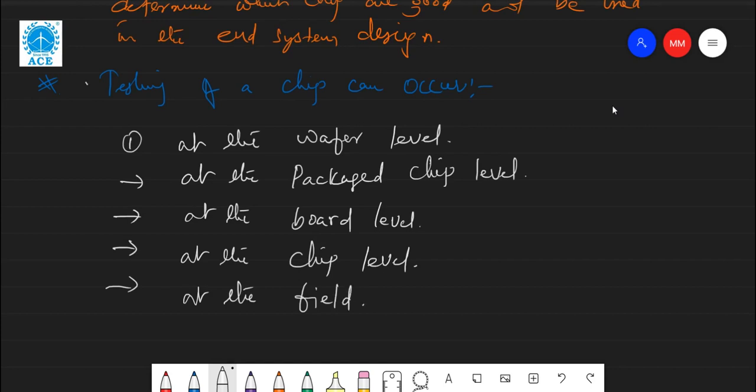So testing of a chip can occur at various levels: wafer level, package, board level, chip level, and at the field also.